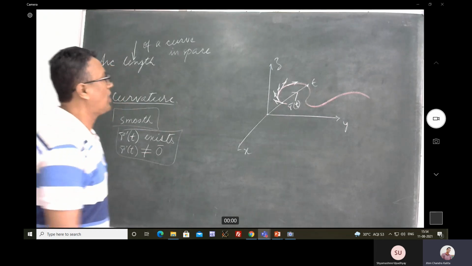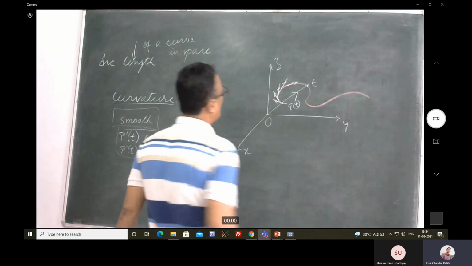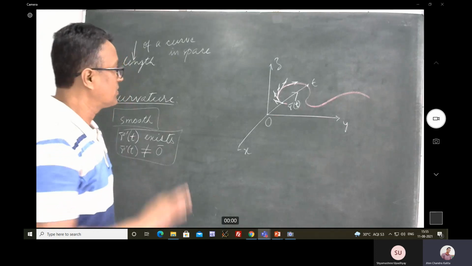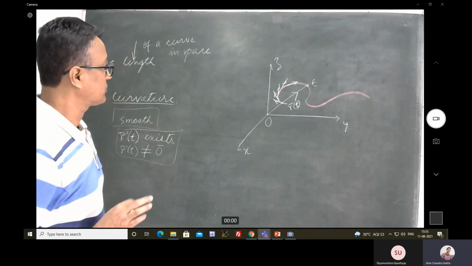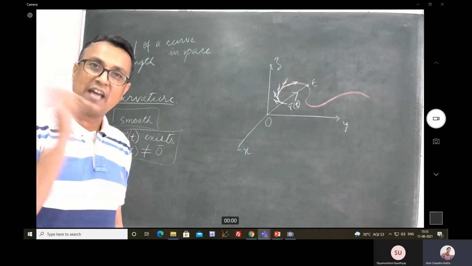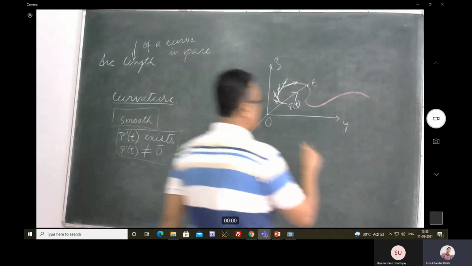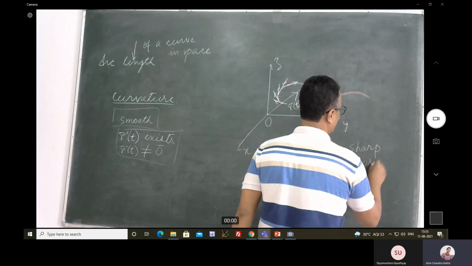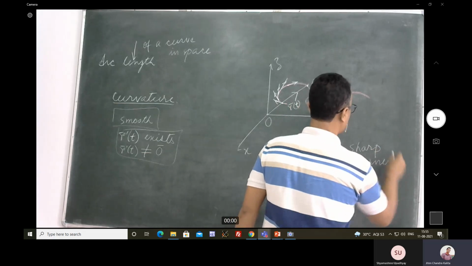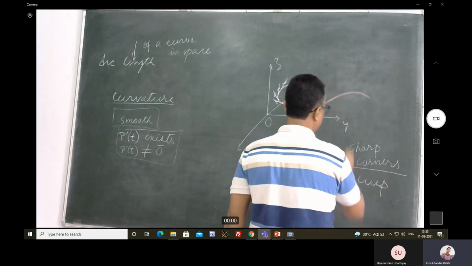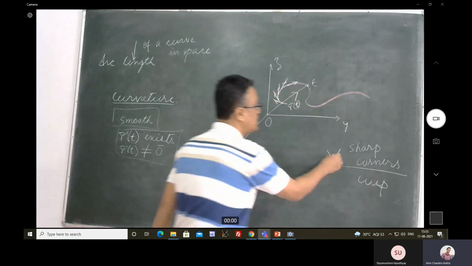You may be thinking, why I am bringing up all this smoothness concept here. In order to be smooth, you should not have abrupt or sharp corners, or cusps.